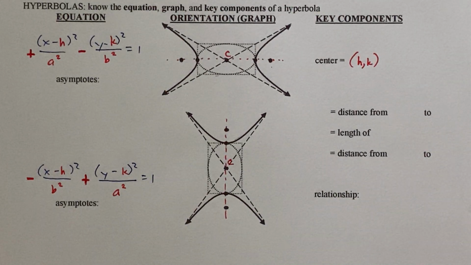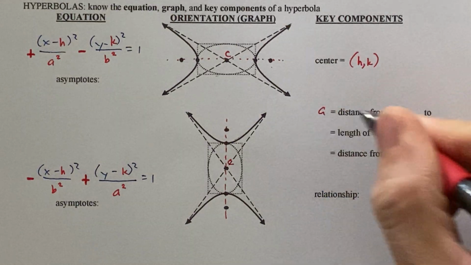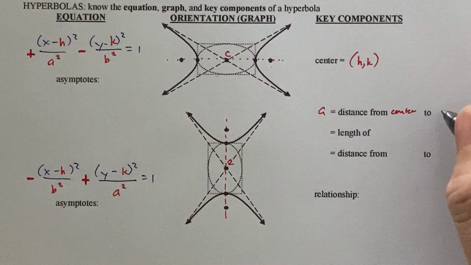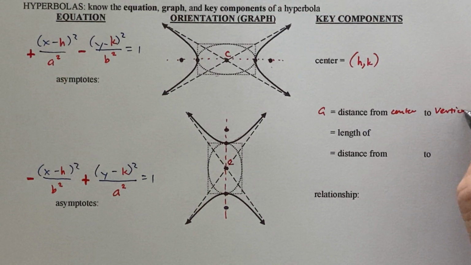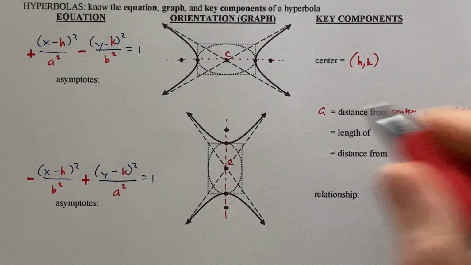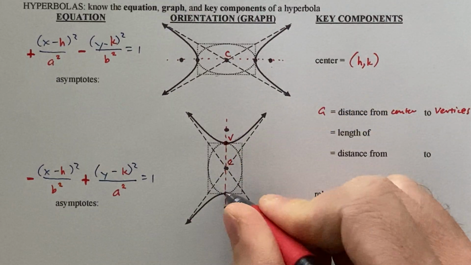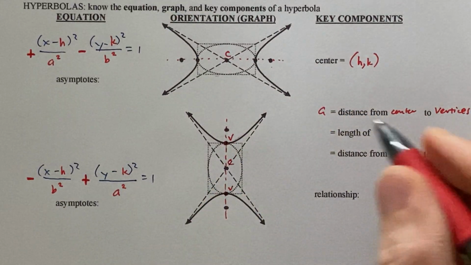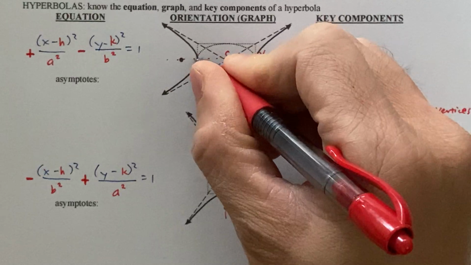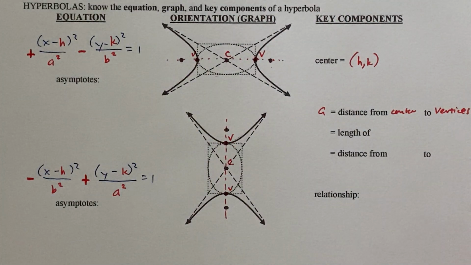Now let's talk about what A, B, and C are. A is still the distance from the center to the vertices. We used to call them major vertices. You still can, but we only call them vertices now, these here, because there are no more minor vertices. Okay, we'll talk about B in just a second. C is still the same exact thing as with an ellipse.